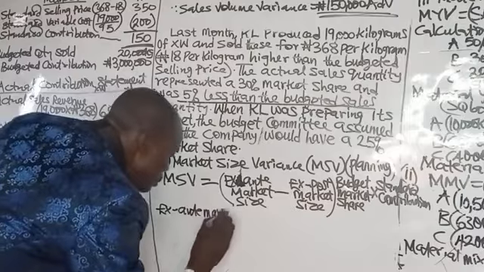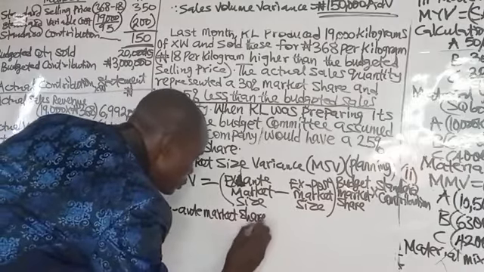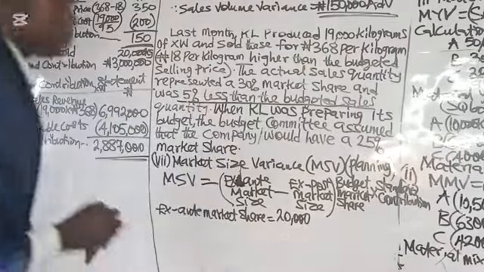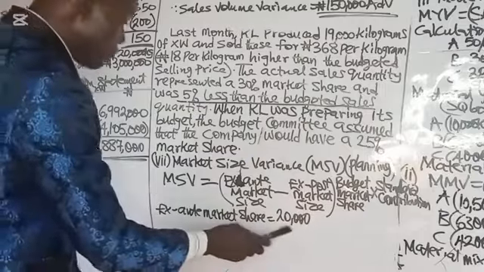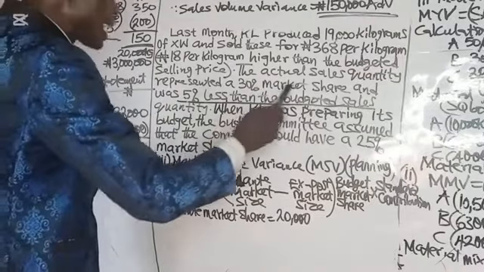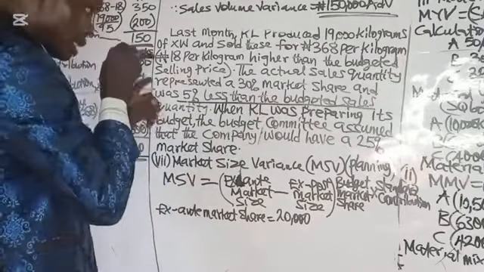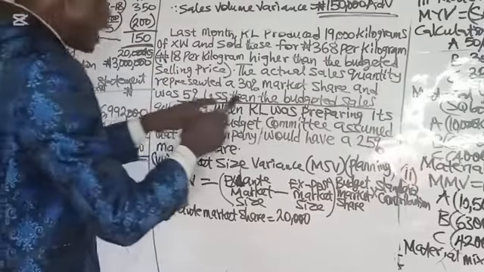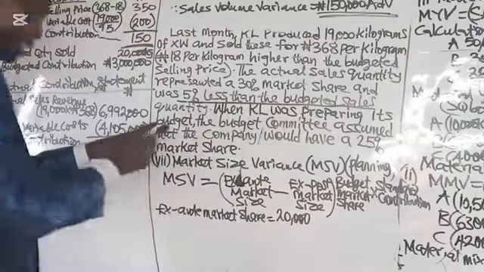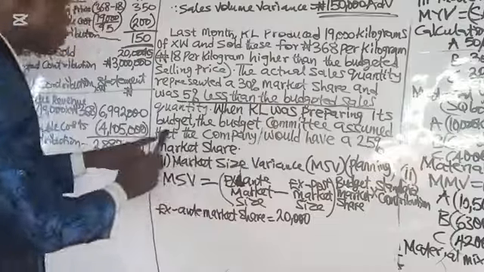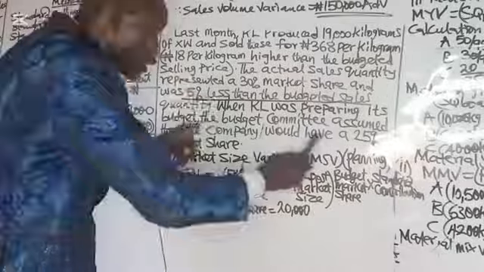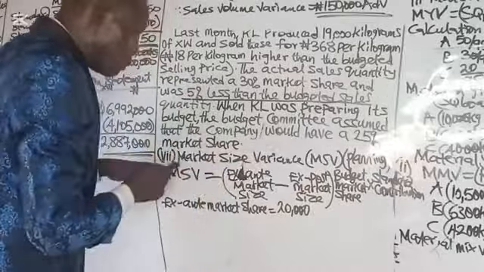So S and T market share is 20,000. That is the initial budget. The actual sales quantity represented a 30% market share and was 5% less than the budgeted sales quantity. When KL was preparing its budget, the budget committee assumed that the company would have 25% of the market size. 25% of the market size will give you the market share.